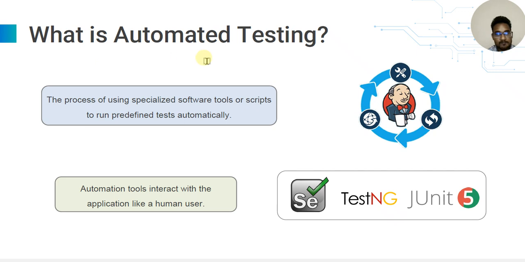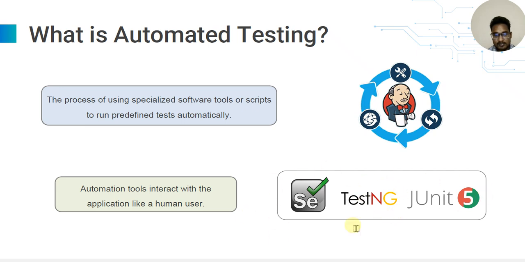What is automated testing? The process of using specialized software tools or scripts to run predefined tests automatically. Automation tools interact with the application like a human user, for example Selenium, TestNG.